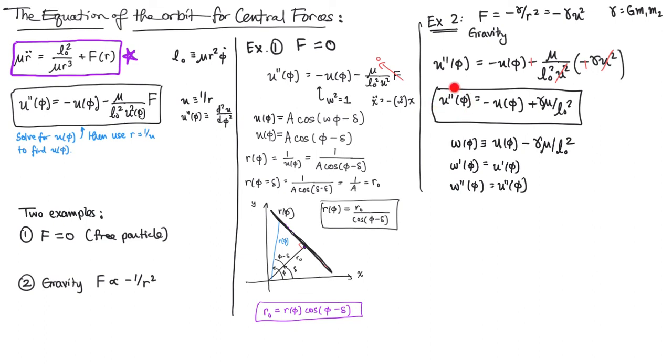So the left-hand side of our equation will just be w double prime, and then the right-hand side will combine these two terms in a way that gets rid of the constant. And so we are left with w double prime of phi is equal to minus w of phi. And once again, that's now the same equation of motion, the same structure that we saw in the first example, and the same as a mass on a spring.